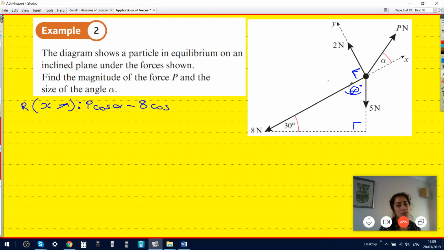No, yes, no. Maybe. It's either 30 or 60. Okay, keep going. Equals 0 or no? There's this 5 force. The 2 is perpendicular to x, so that won't affect it. Do you have to do that 5 force? Yeah, because if it was perpendicular then it would be 0, but it's not.